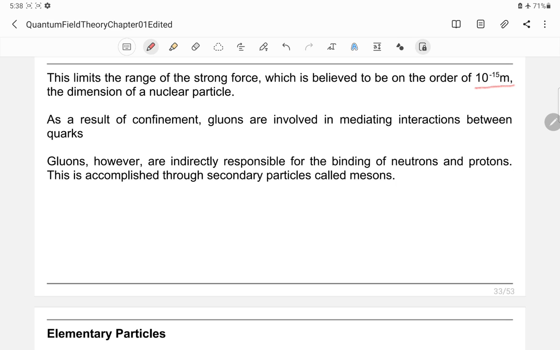As a result of confinement, gluons are involved in mediating interactions between quarks, and gluons also cause the binding of neutrons and protons, but there are other factors why the three quarks bind together. If you read the book of Griffiths, you can see some detailed explanations there.